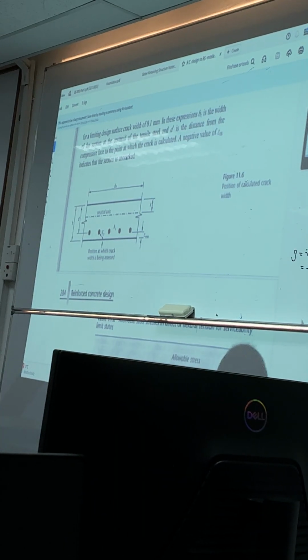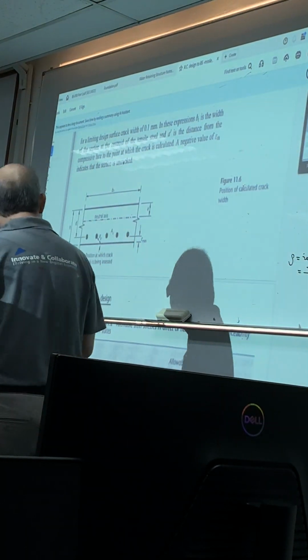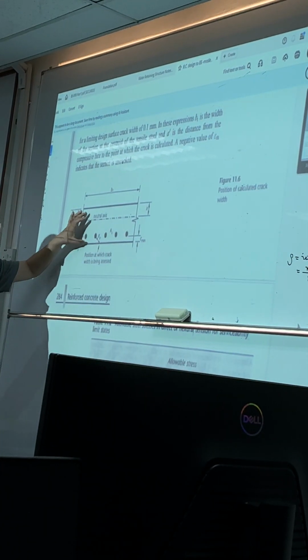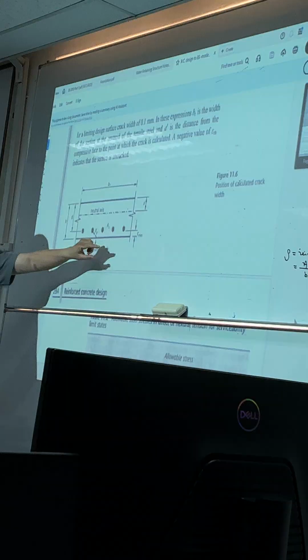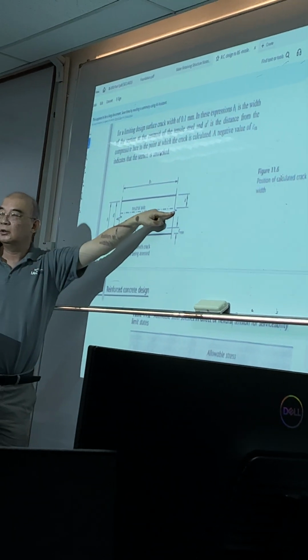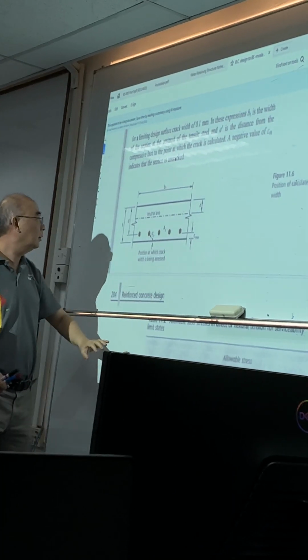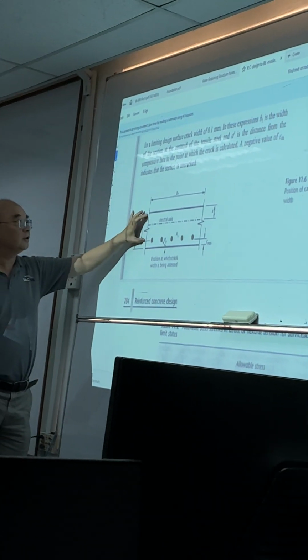If you want to understand this equation, you have to look at this picture. So this is the neutral axis, this is the x, this is the h, this is the d.